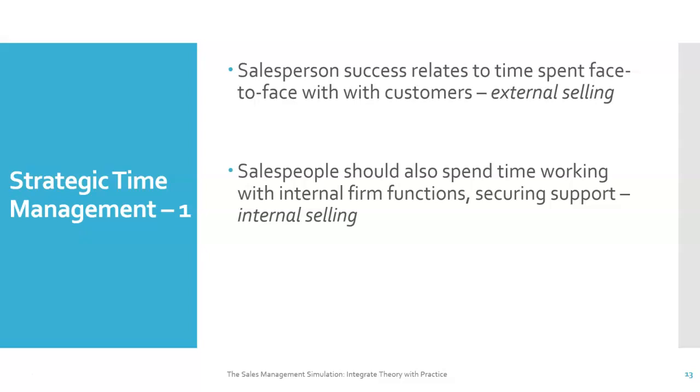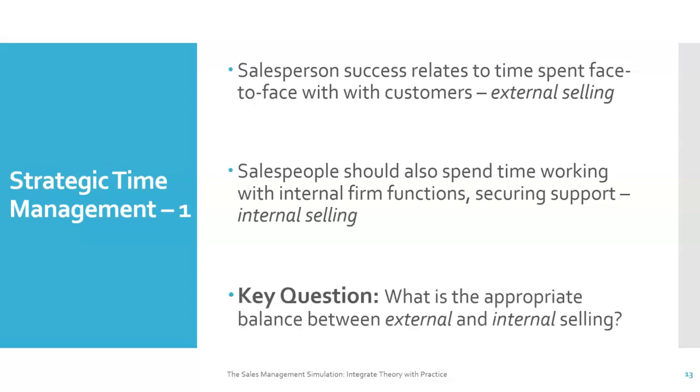In order for that to happen, a lot of times you have to build those relationships. So how much time are you dedicating for your salespeople to build those relationships as a part of their job versus actually meeting and selling to customers? Is it an 80-20 split, 85-15, 90-10, 50-50? That's another thing you have to consider.